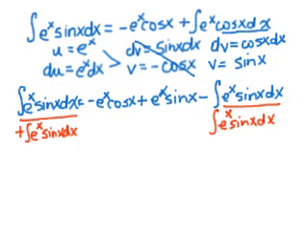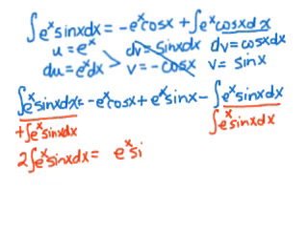So that means I have two integrals of e^x sine x dx. And I don't like leaving negatives, so I'm just going to rearrange and put my sign in front. Okay. Well, if I were solving for a y, if that was 2y, then I would divide by 2, and so I want to do that.